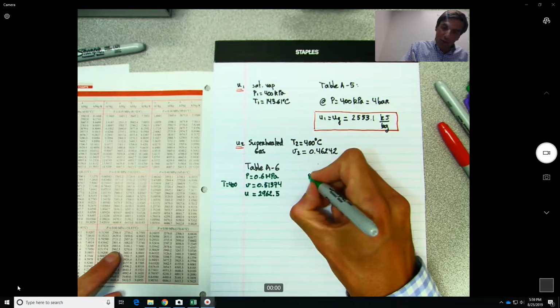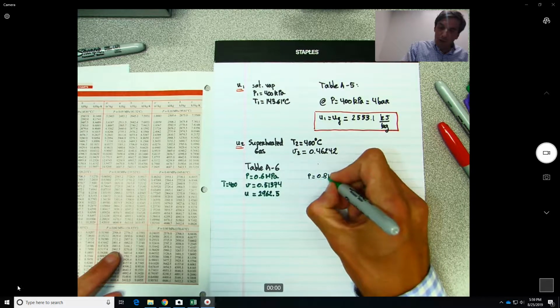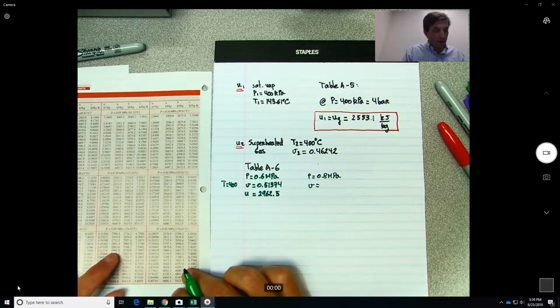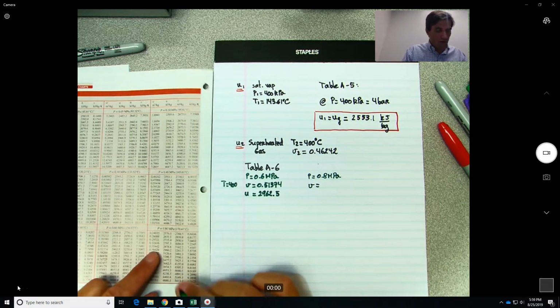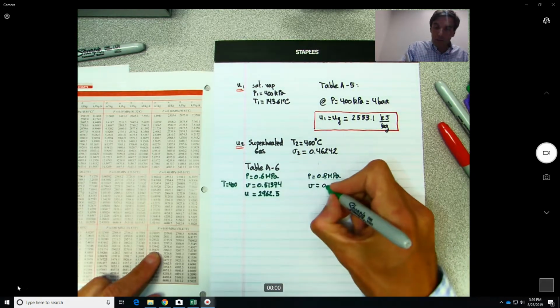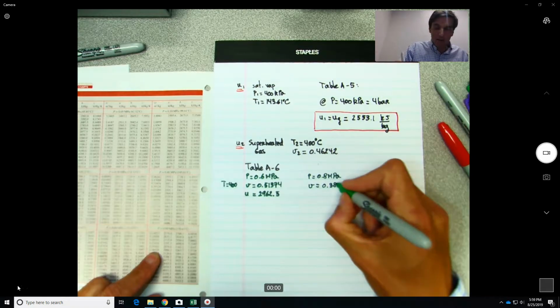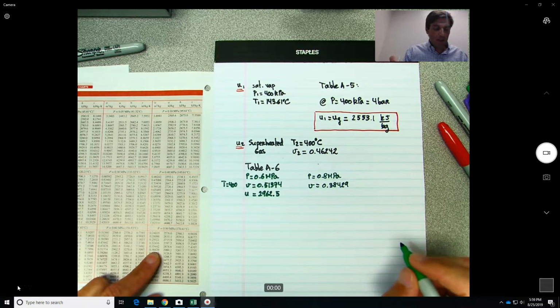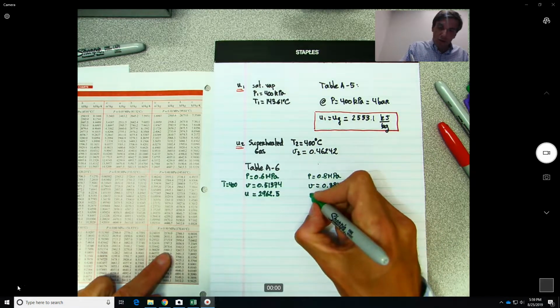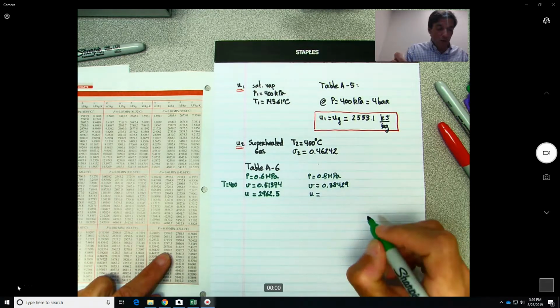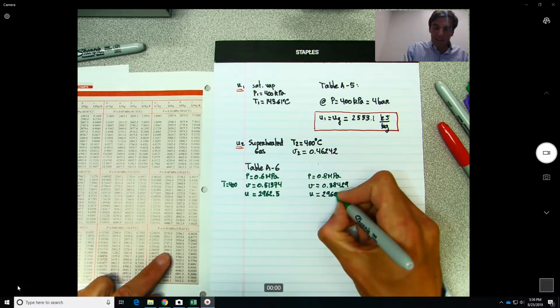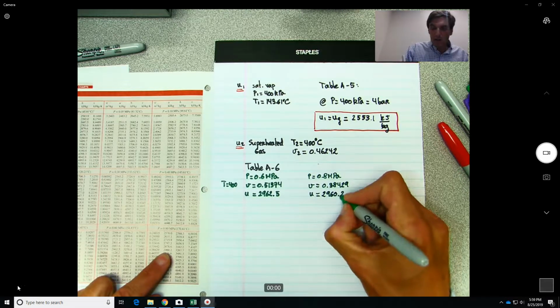At P equal 0.8 megapascals, we have V is equal to, at 400, 0.38429. And U would be equal to 2960.2.